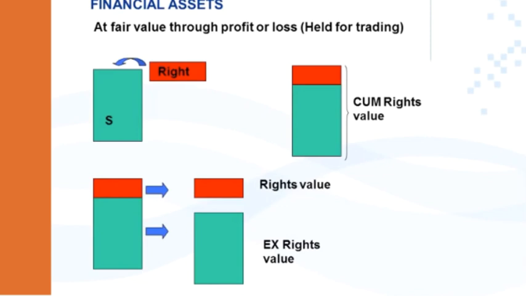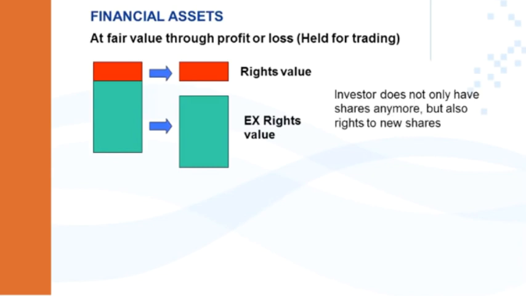To illustrate that, the cum rights value has got two elements. It's still one share price with two components or two elements. That one cum rights value will now have to be split between the value for the rights and the ex rights value only relating to the shares. The investor does not only have shares anymore, it also has now rights to new shares.